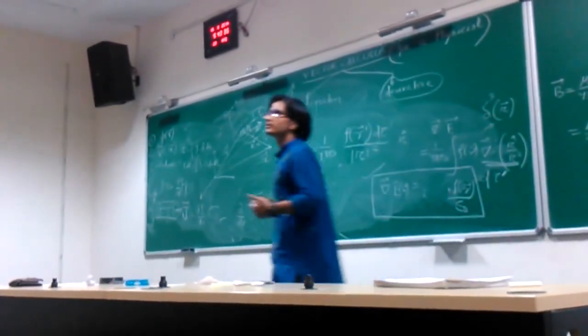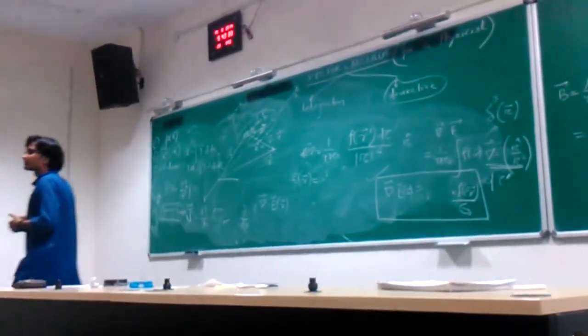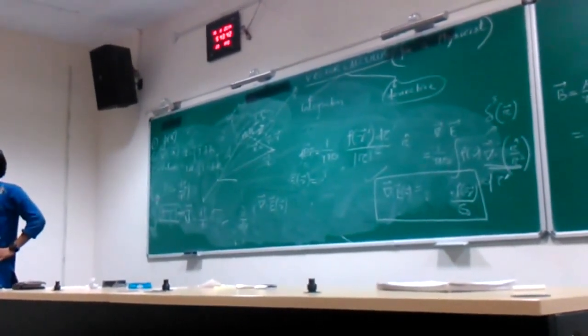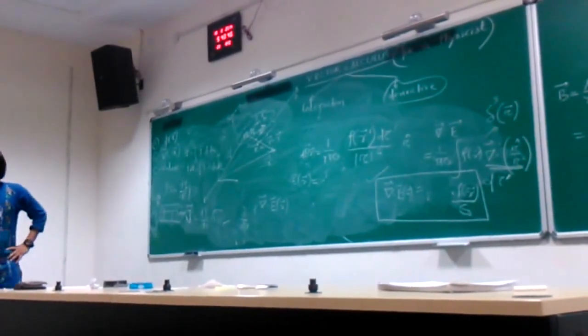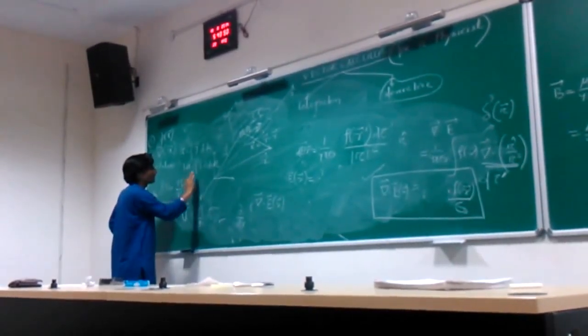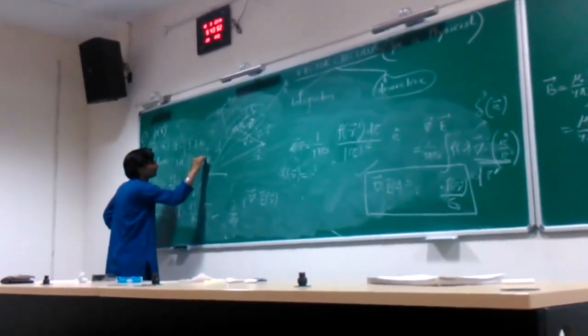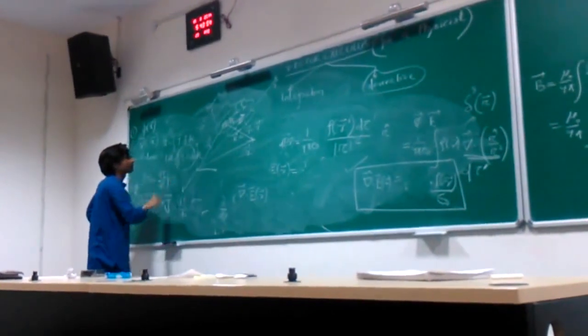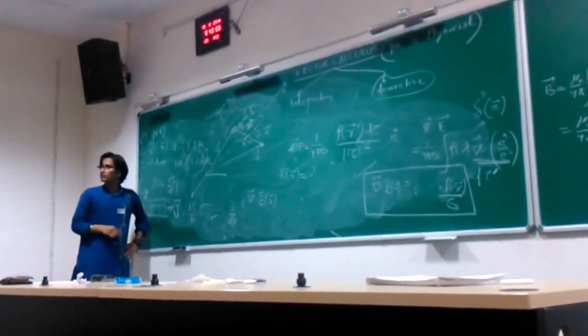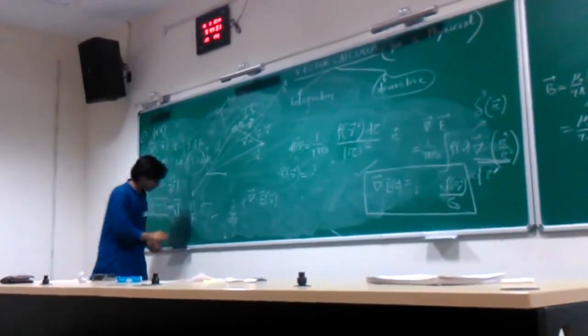What are the two double integrations? First is over tau. What is the second? Same tau. A is not being integrated. No, it is being integrated. Okay, I got the idea. So this is my I, whole I.